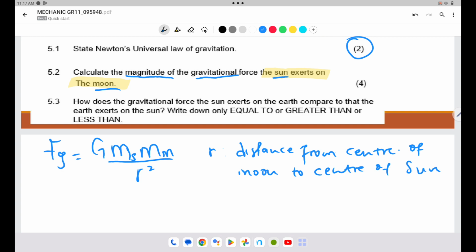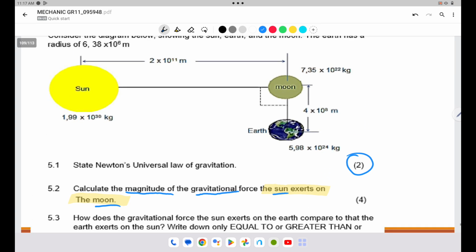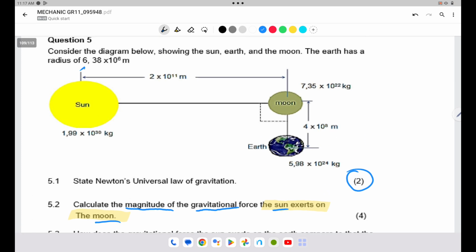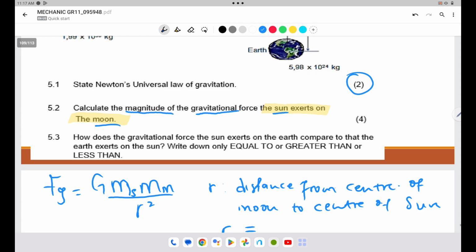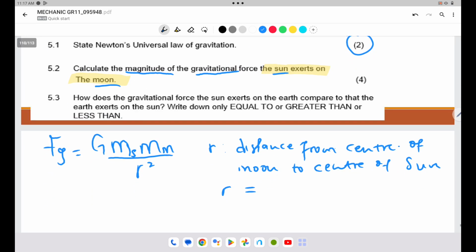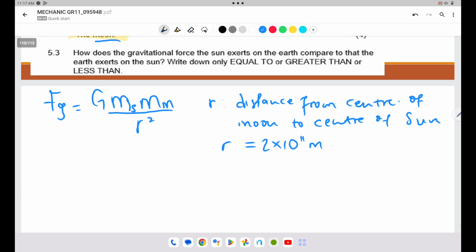Let us see if we have that distance r from the diagram. If we look at the diagram, this diagram is clearly providing us with center to center distances. So that distance there will be 2 times 10 to the power of 11 meters. So that part, which is mostly the most crucial part, is sorted out.